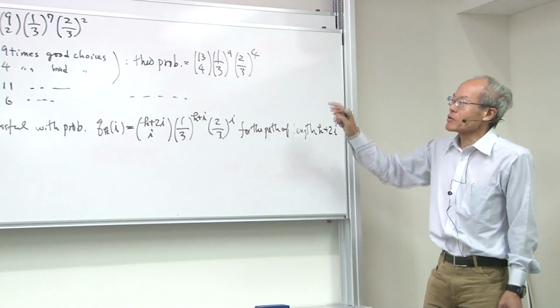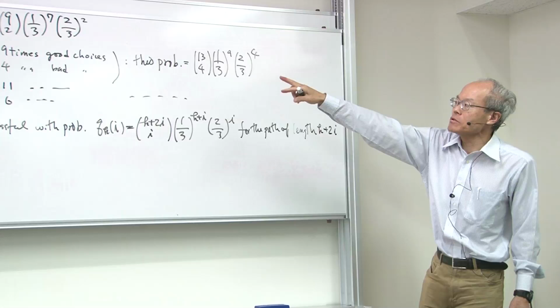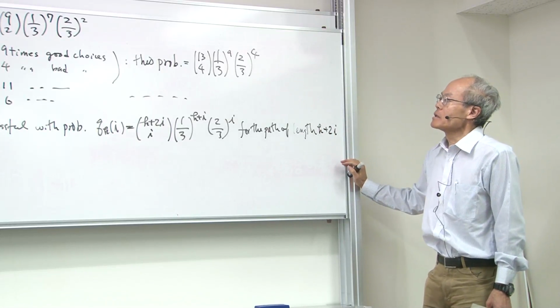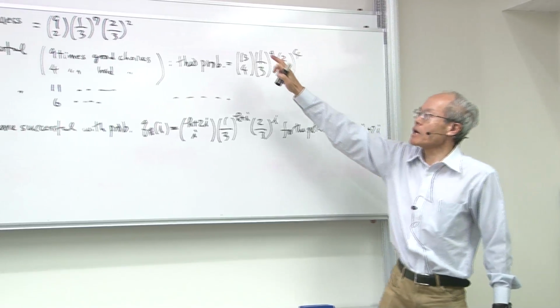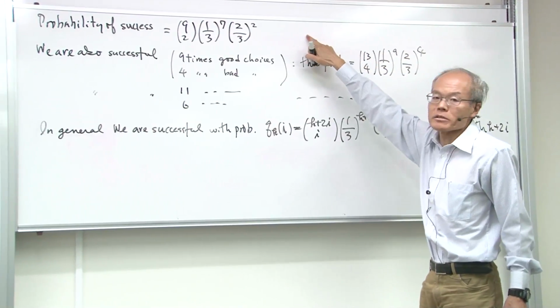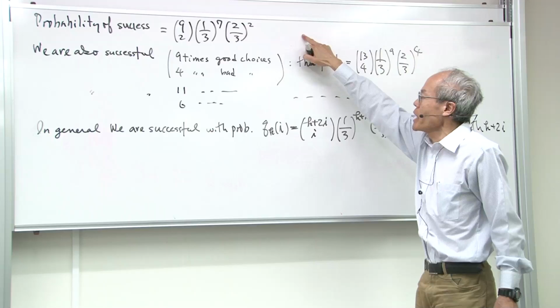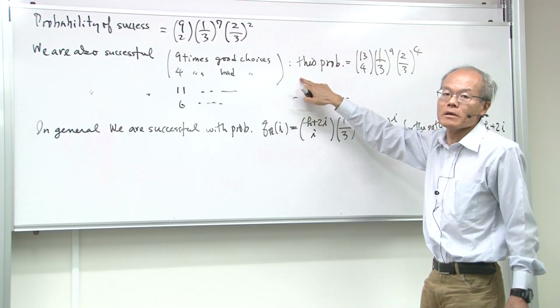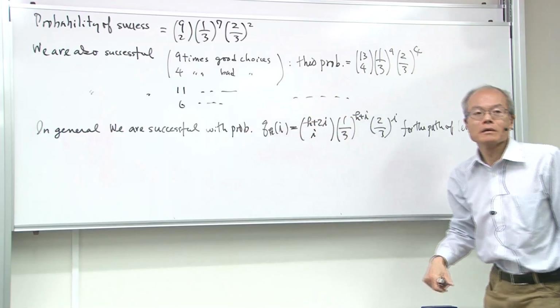So for this, i is equal to 2, and this i is equal to 4. Okay?